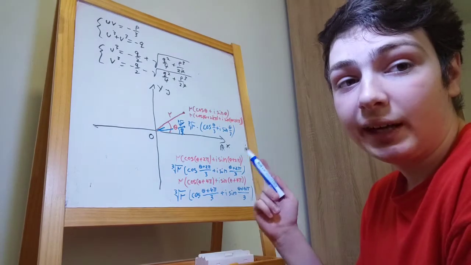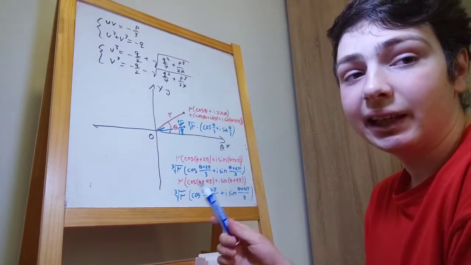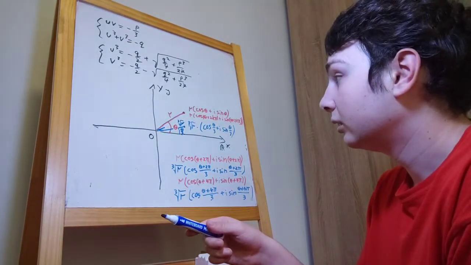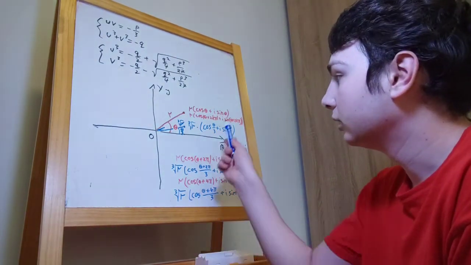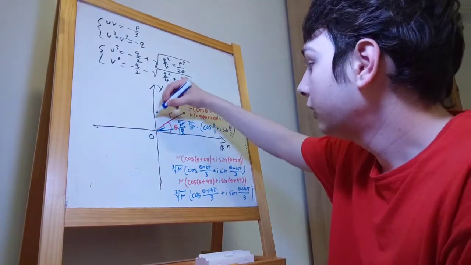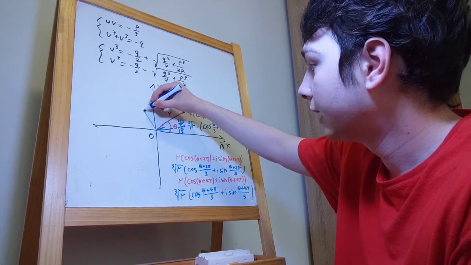But since the radius is the same for all the cube roots, and the angle spacing between them is a third of the complete circle, we actually end up with the vertices of an equilateral triangle.